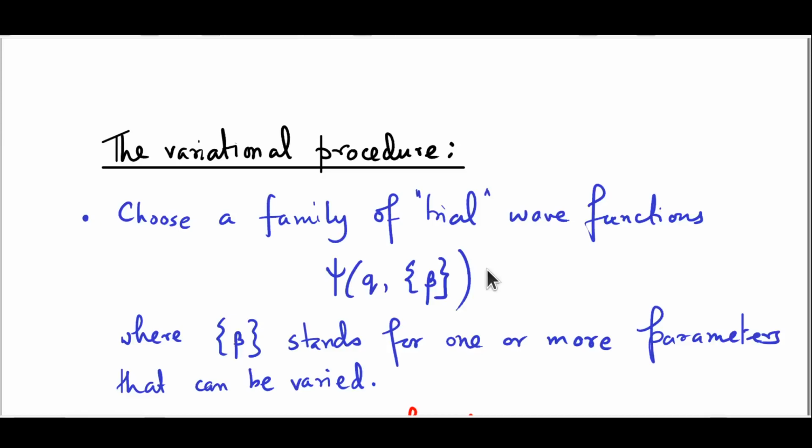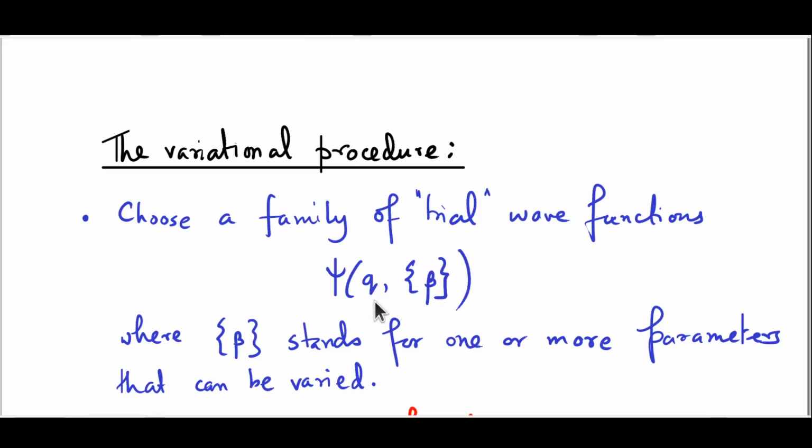This principle gives us a procedure which we can follow to try to estimate the ground state energy of a given system. For this, what we do is we choose a family of trial wave functions, psi, with argument q, which stands for coordinates. It could be just a single x coordinate or could be r vector, could be r theta phi, whatever.